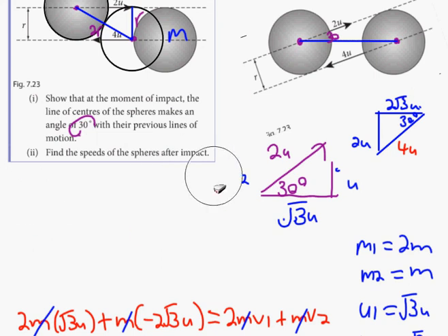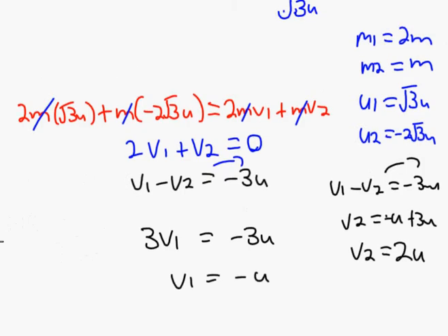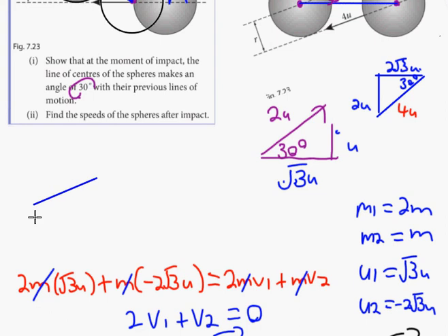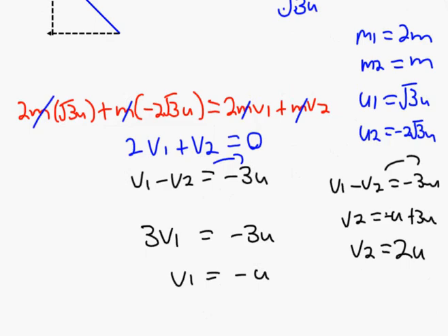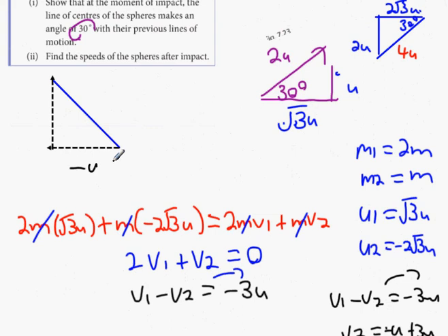So we're going to draw a before and after picture again. So this is the after picture. We know that phi1 is going to the left. So it's going to go to the left and downwards. Oh, sorry, left and upwards, excuse me. Left and up. So what we have here, guys, is two components. The first component being your v1, which is minus u, and your j component that never changed.